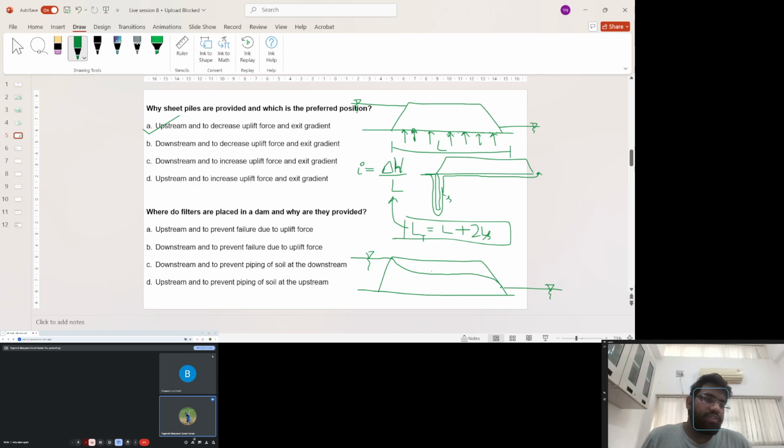When it comes out of the downstream slope, it starts eroding the soil on the downstream slope, which will make the entire embankment unstable. This point of exit of water from the embankment at the downstream slope is termed the outcrop point.